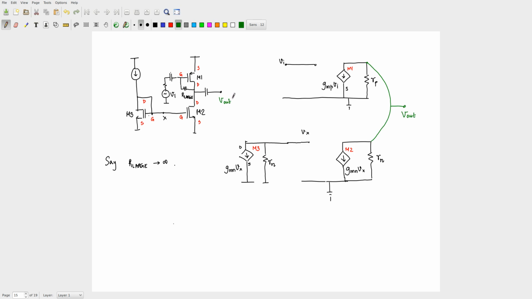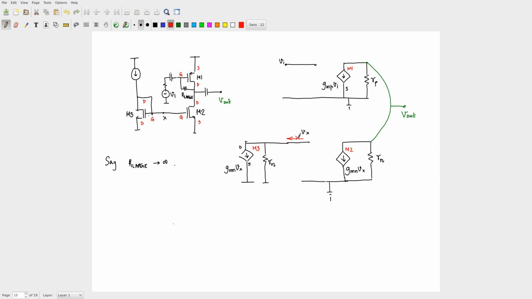All right. Now, can you help me simplify the circuit? Look at M3 first, because we have to figure out what this Vx is. What is the current flowing in this? 0, right? Because this is open.